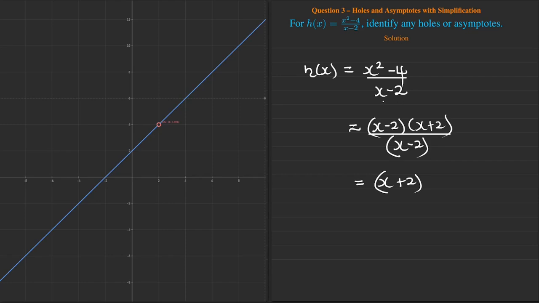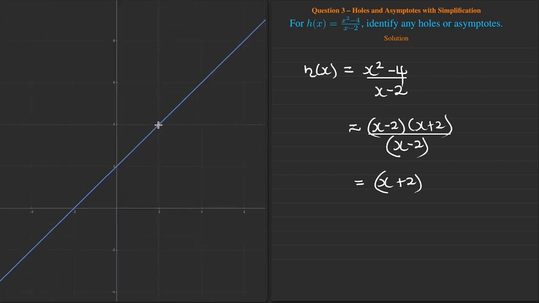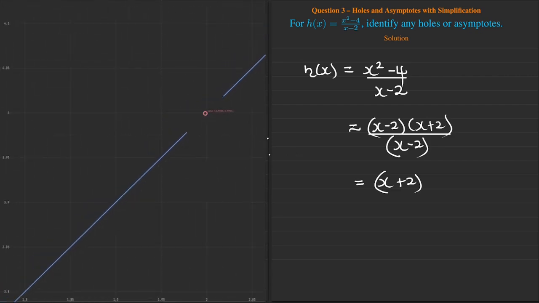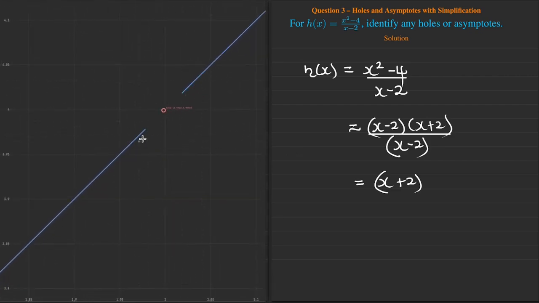So there is a hole over there. The line doesn't just continue straight. Right here, if I zoom in, you realize that it is not continuous. There is a gap in here, and it is caused by substituting x to be 2. So 2 minus 2 gives us 0.